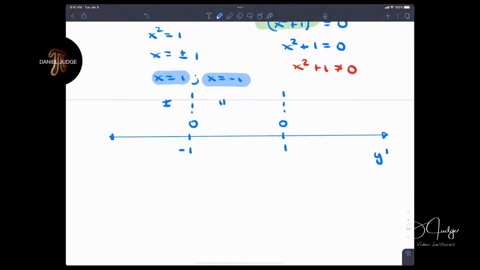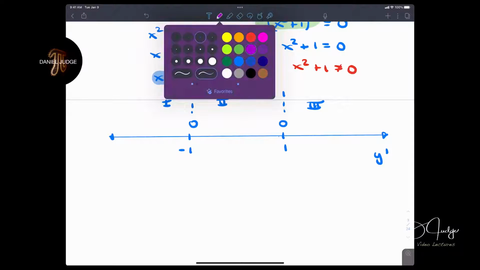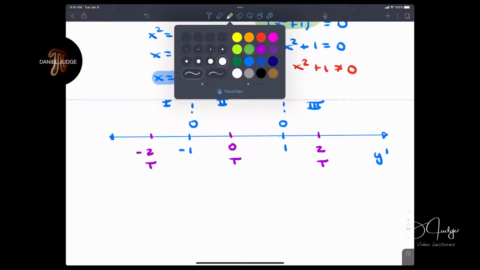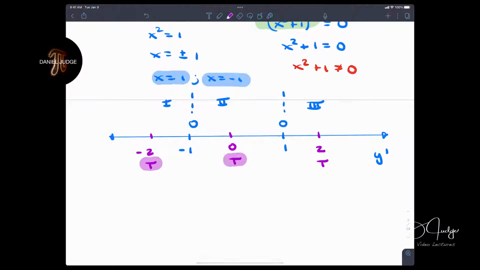Region 1, Region 2, Region 3 to test. So we're going to use a test point. -2 is clearly in Region 1. 0 is available in Region 2. And we're going to use 2 as a test point in Region 3. So we're going to perform a sign analysis on that first derivative here.